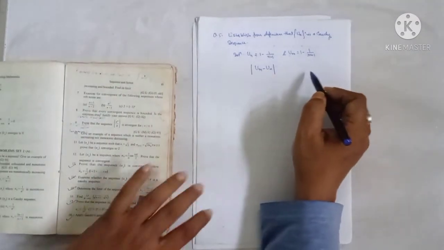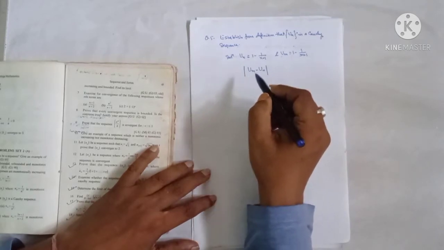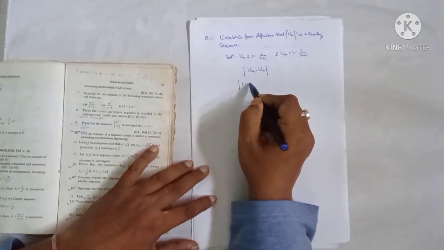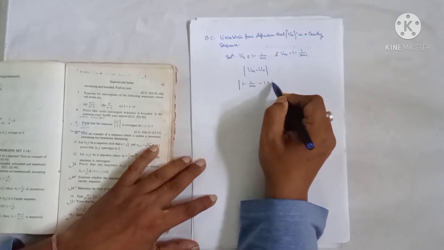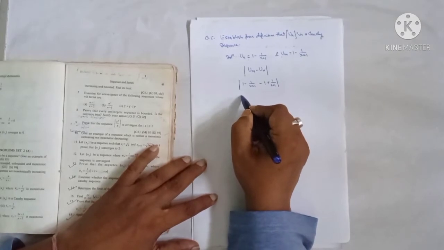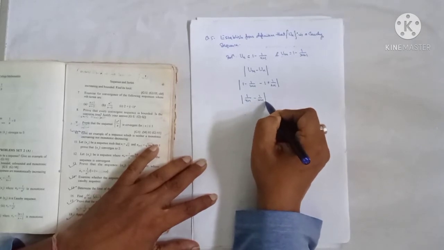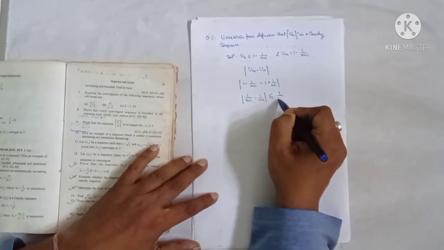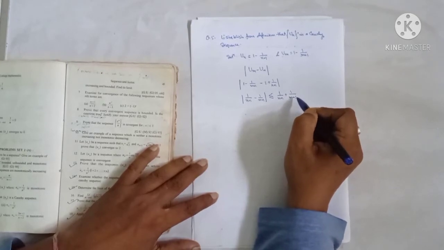So this is modulus 1 minus 1 by m plus 1 minus 1 plus 1 by n plus 1. So this will be 1 by n plus 1 minus 1 by m plus 1, and this is less than or equal to 1 by n plus 1 plus 1 by m plus 1.